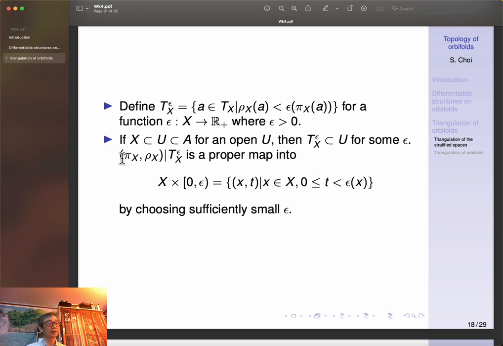So (pi_X, rho_X) from T_epsilon(X) is a proper map into X times (0, epsilon), as defined above, by choosing a sufficiently small epsilon. We will only look at the cases where this holds for T_X. For a tube to hold, you need this condition.